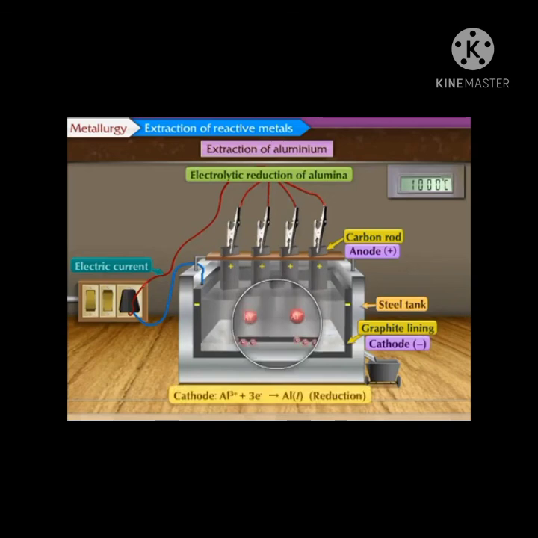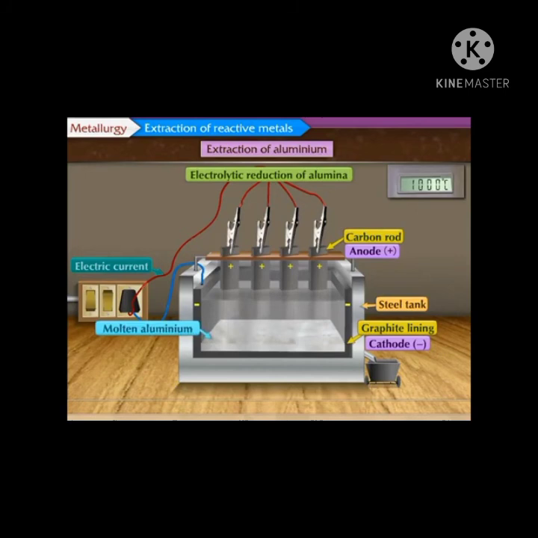Here they lose electrons to form oxygen gas, and the positively charged aluminium ions are attracted to the cathode. Here they gain electrons to form molten aluminium metal. Molten aluminium is denser than the electrolyte. Hence, it is collected at the bottom of the tank. It has to be removed from time to time.